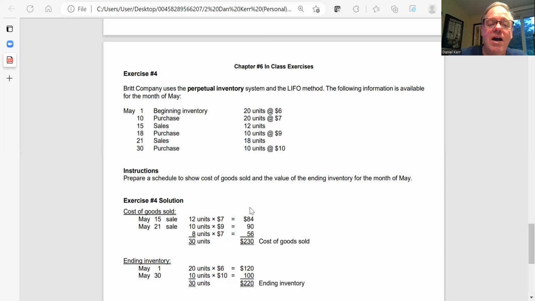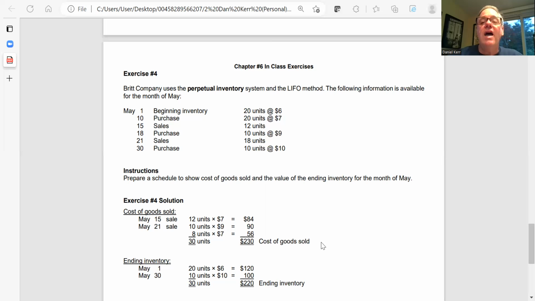I've got 10 units at 9. So there's 10 units at 9. And I need another 8 units. So you go back and your next most recent cost would be those 8 units you have left over at $7. So it's 8 times 7. So my total cost of goods sold is 18 units at $146.